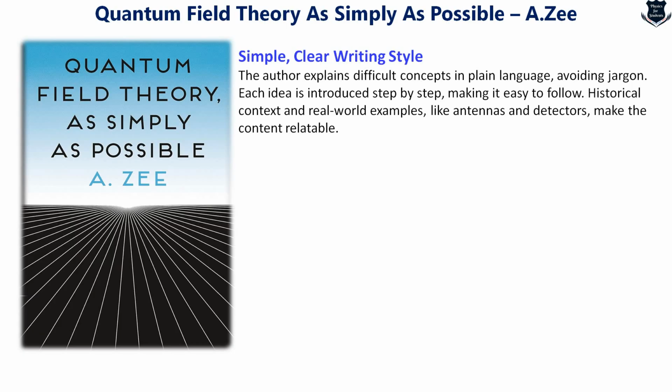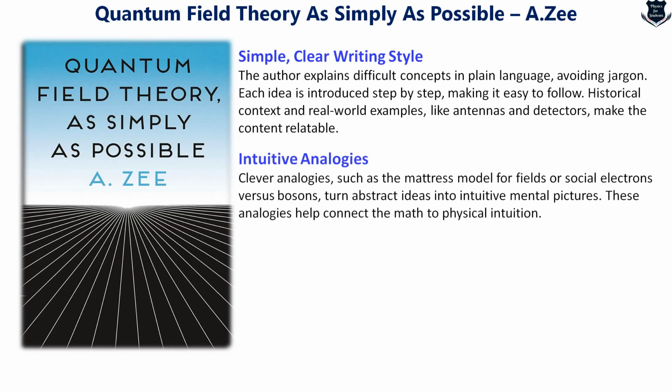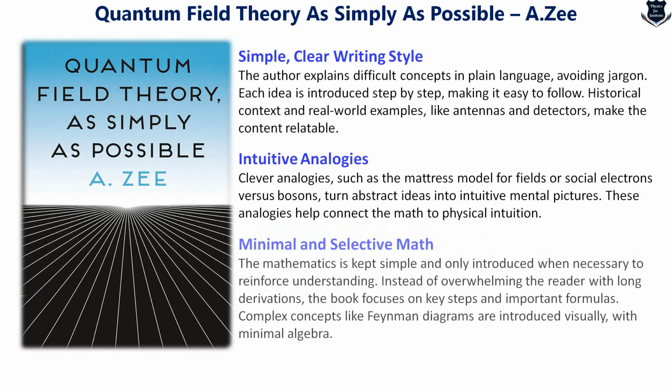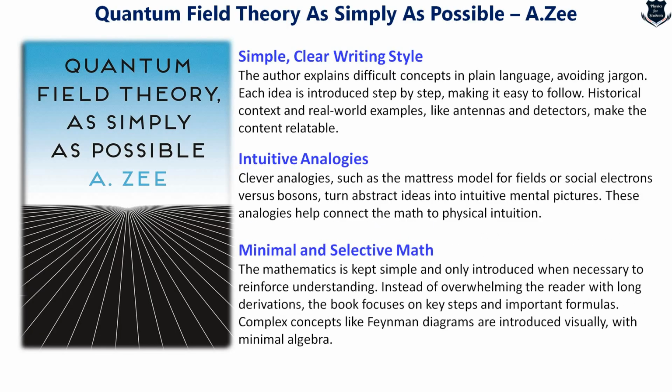It uses plain language, avoids jargon. It introduces all the concepts step by step, introduces historical context so that we can really understand. There are a lot of intuitive analogies like the mattress model, and you can actually imagine those abstract concepts in your mind, and you can feel how quantum field theory is relatable to real life.